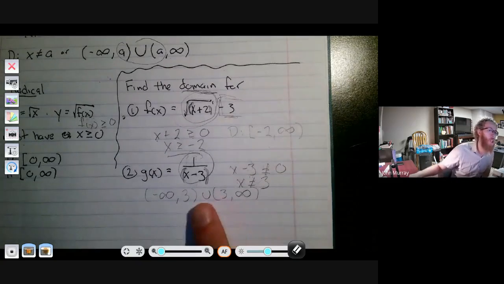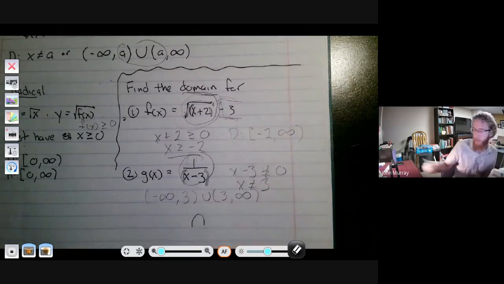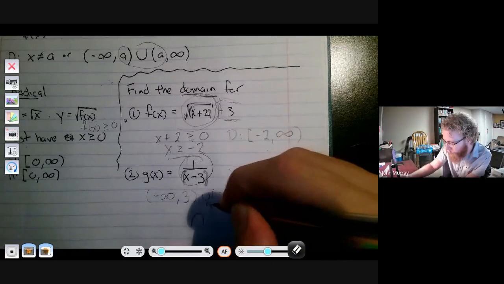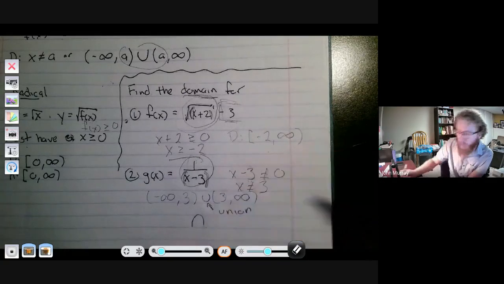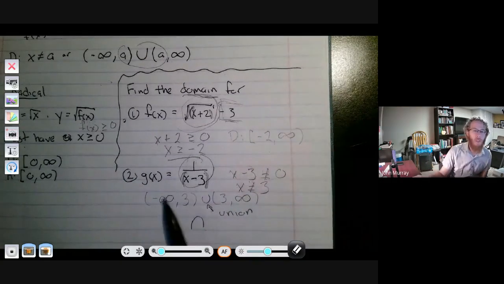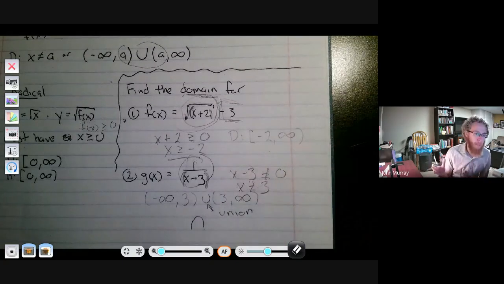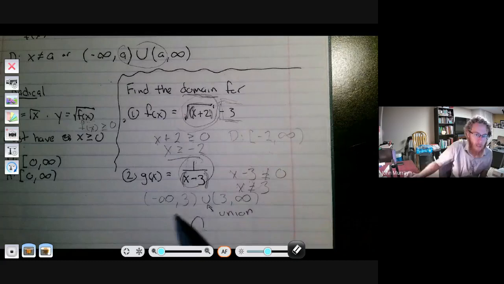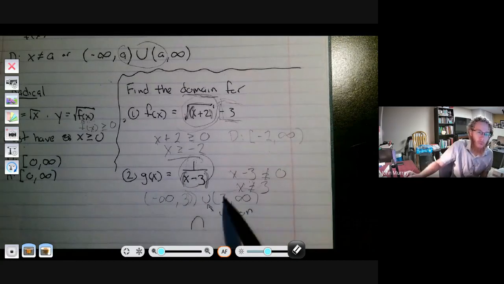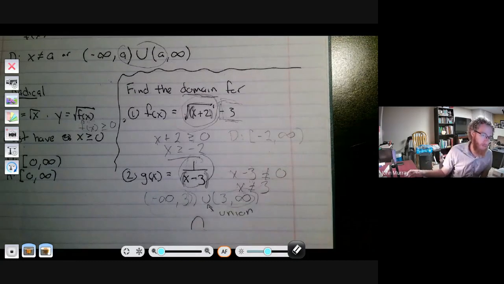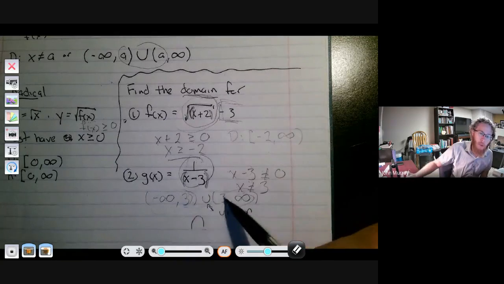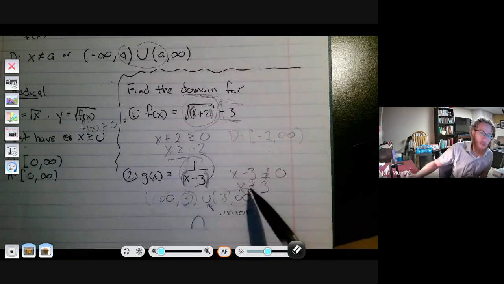So this is called a union. Okay, I'll write that down. Okay, so sometimes it's not always just skipping a number. Sometimes there's a big gap, right? So you're saying that this in union with this is the whole answer. Okay, so in our situation, the only thing that's not an answer is 3.